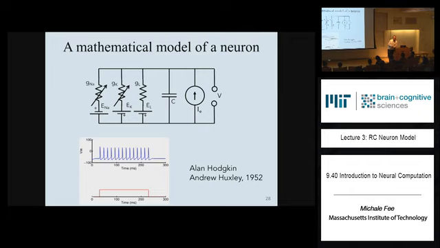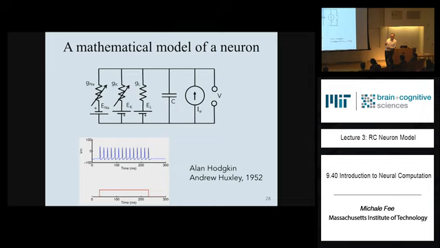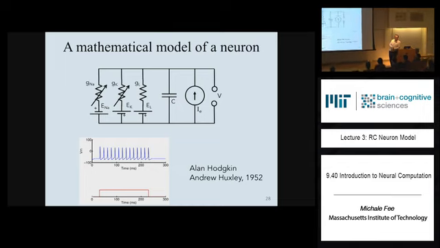All right? Now, in fact, most of the time when we model networks of neurons, we simplify the spike generator to something like an integrate and fire spike generator.